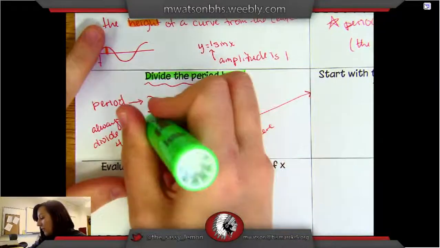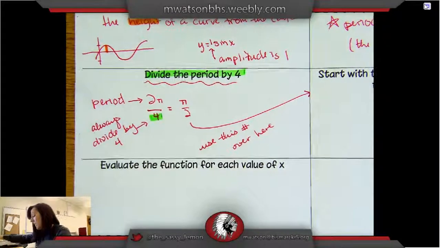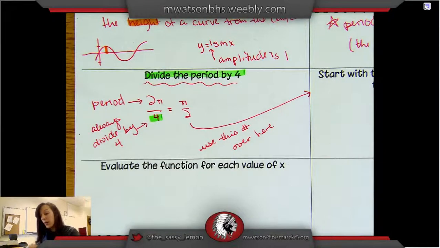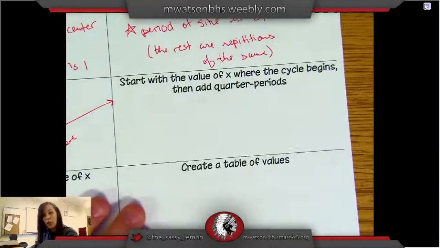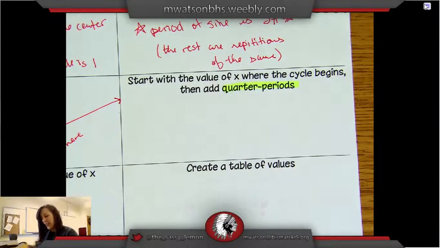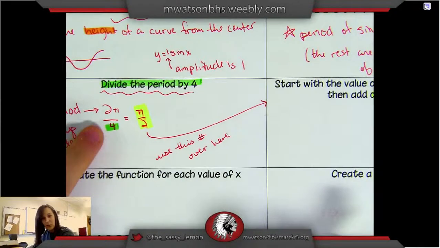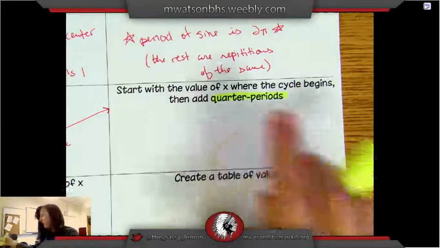We divided the period by 4, and this number is what we're going to call a quarter period. How original. We took our period, divided it by 4, and got our quarter period, which we're going to use over here.